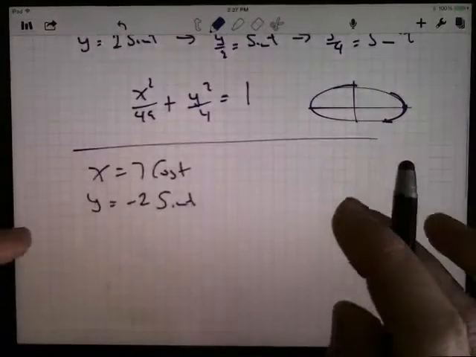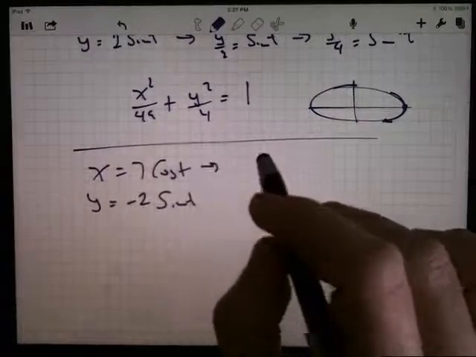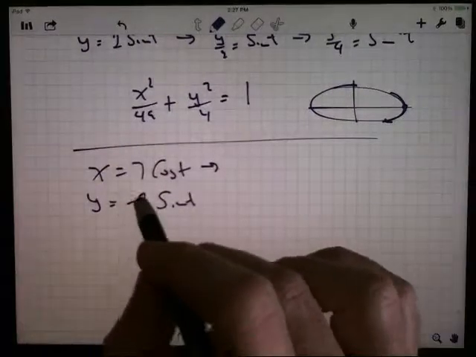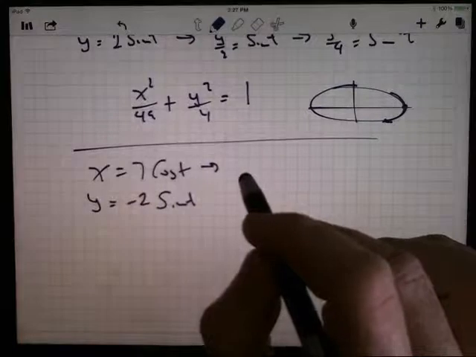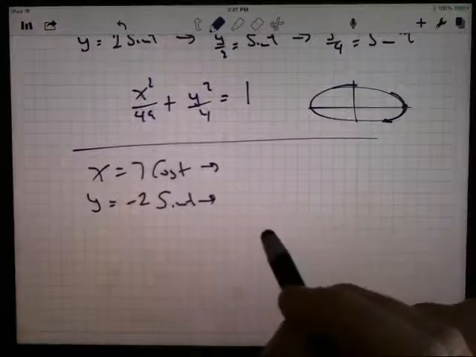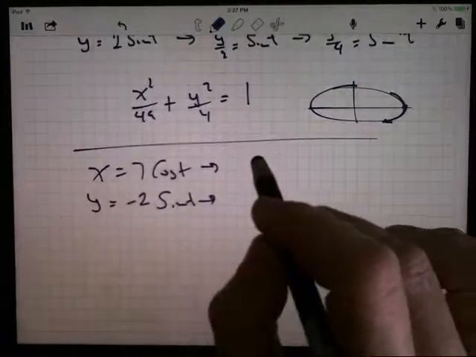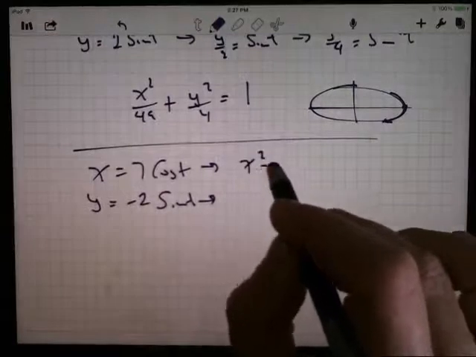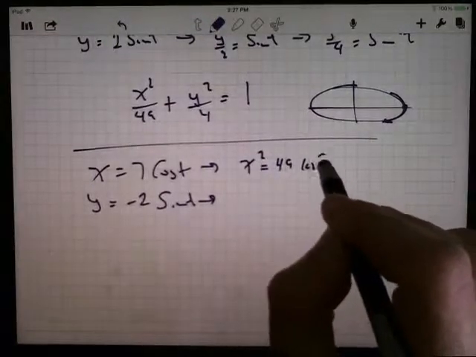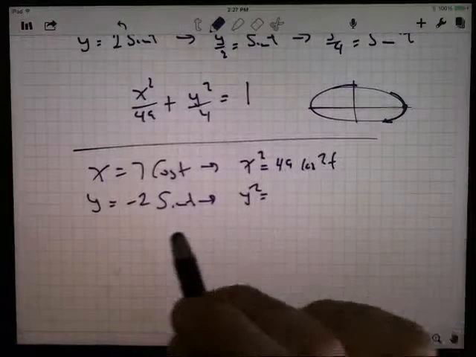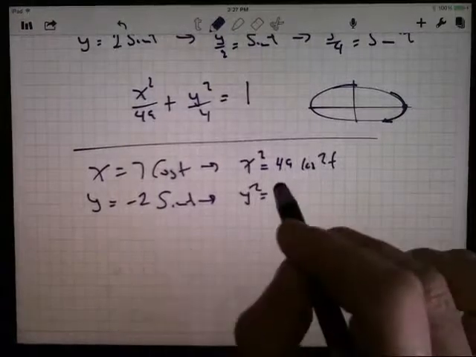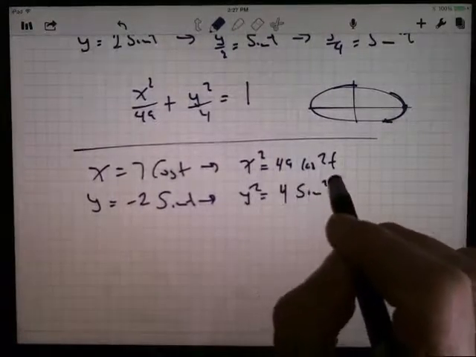Well, the process to eliminate the parameter is still the same, and the squaring is going to eliminate that. Actually, I could do the squaring first if I wanted to, because if I square it at this point, this is x squared equals 49 cos squared t, and y squared equals, the negative times negative becomes positive, just a 4 sine squared t.